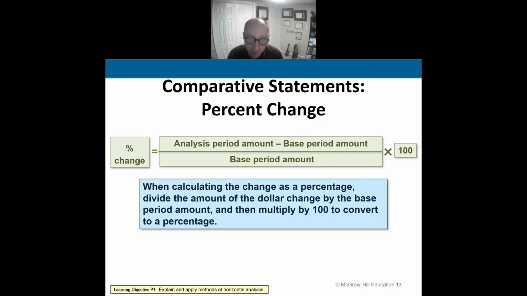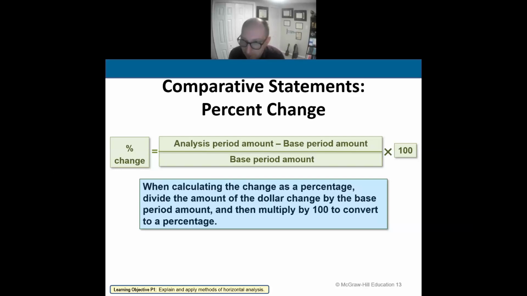And the way to do this is we take the current dollar amount minus the previous year dollar amount, divided by the previous year dollar amount, and I multiply that by 100, and it gives me the percentage, the percent change.